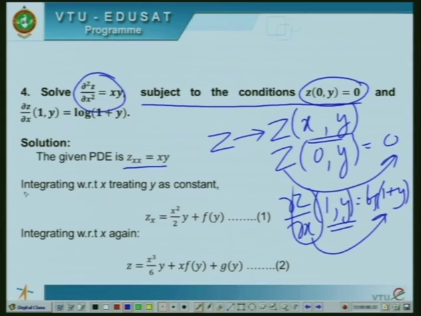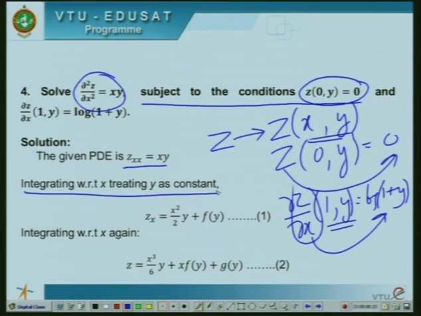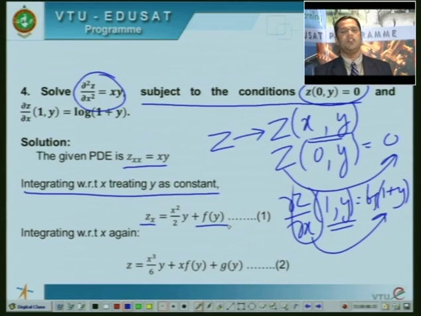So, let us perform the first integration. So, z x x with respect to x in the LHS gives you z x, x into y with respect to x is x square by 2 into y because y is constant, plus the constant of integration which is a function of y.